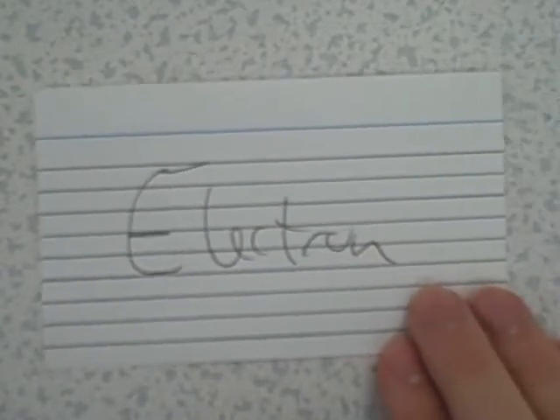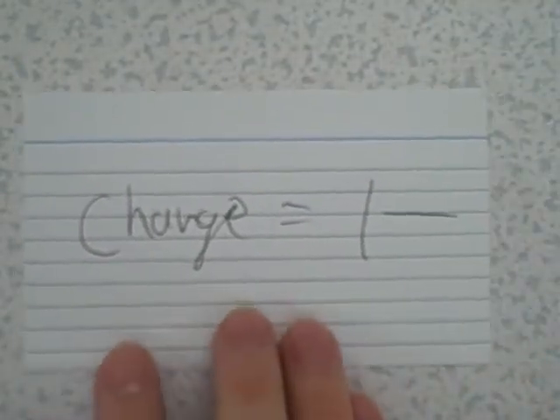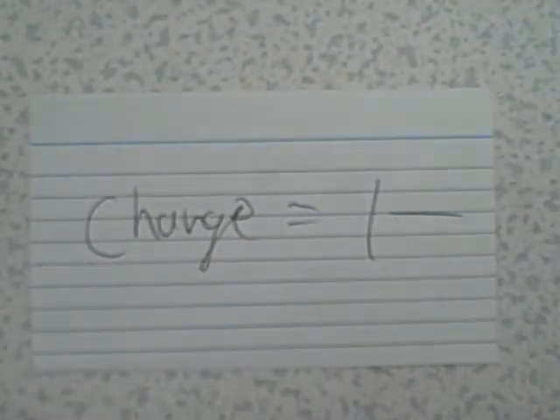Let's have another look at a different example. So again, I'm trying to do electrons and I've put charge equals 1 minus. Now this is better than the previous example because I haven't got any extra nonsense information, but there's not much information on this flashcard.